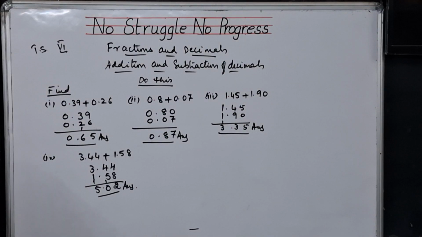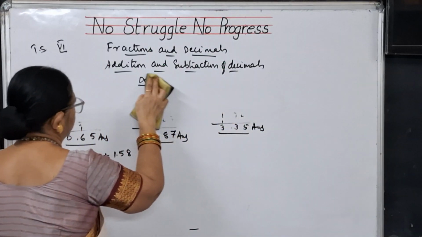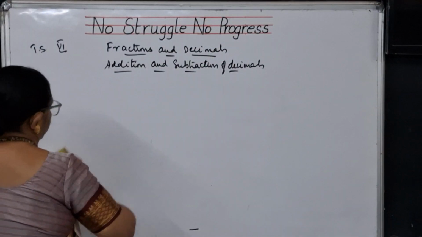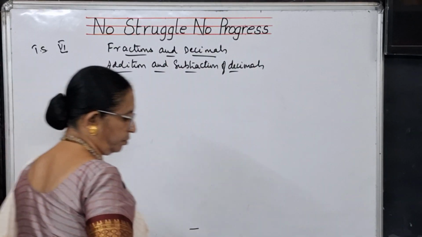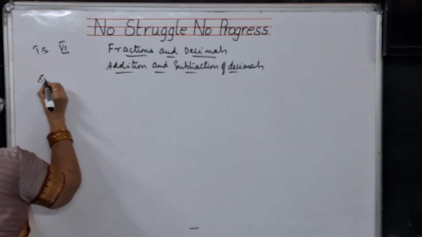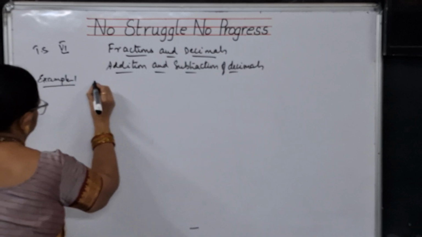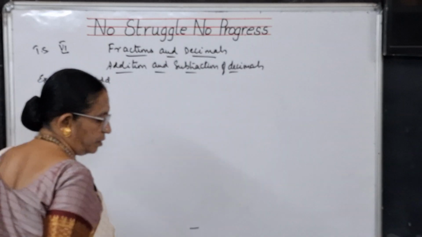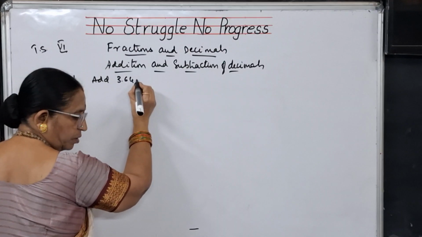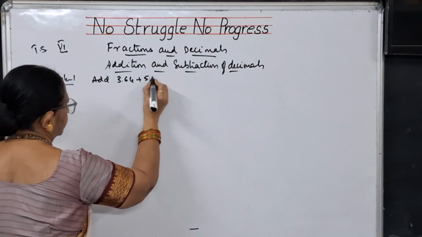Now we will see example 1. Add 3.64 plus 5.4.